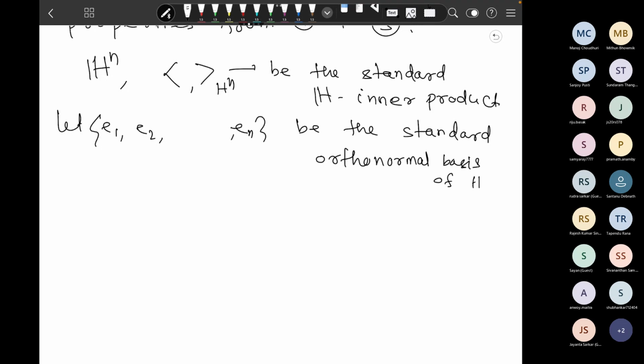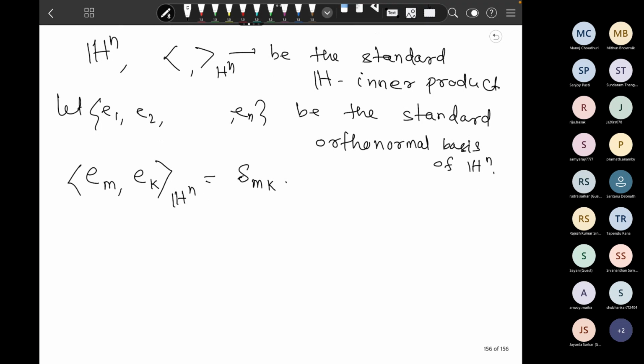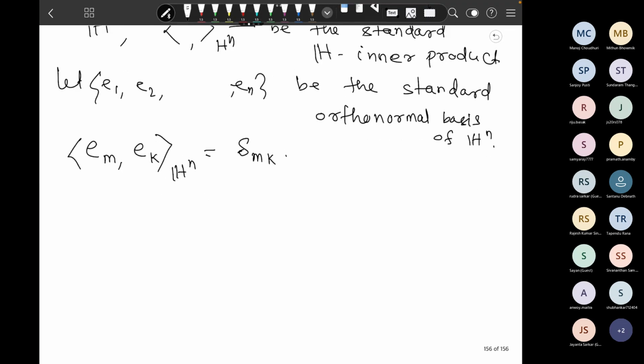Now you can write that the inner product of em and ek on H^n gives delta mk. By definition, you can check it.